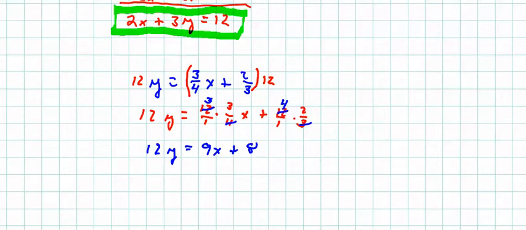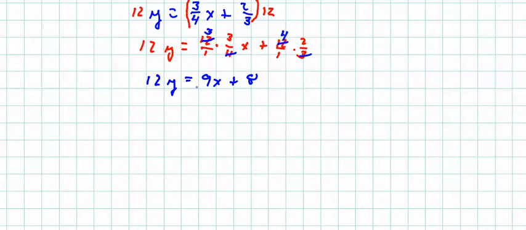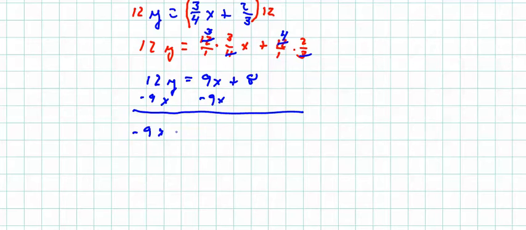All right. Now we want to put it in the form of ax plus by. So we want to move the 9 over, minus 9x, minus 9x. And we get negative 9x plus 12y equals 8. Now at the beginning we said the leading coefficient cannot be negative. So I have to get rid of that.